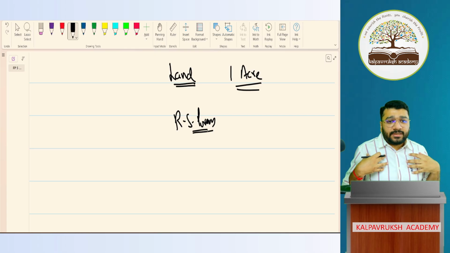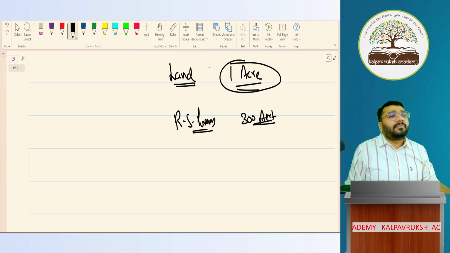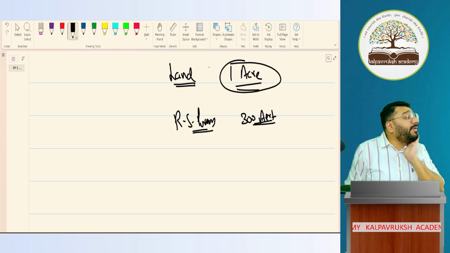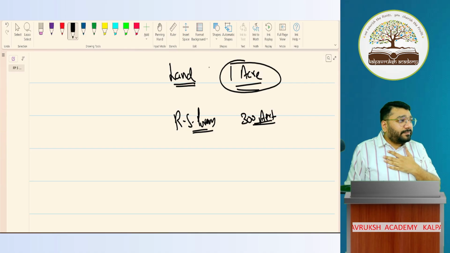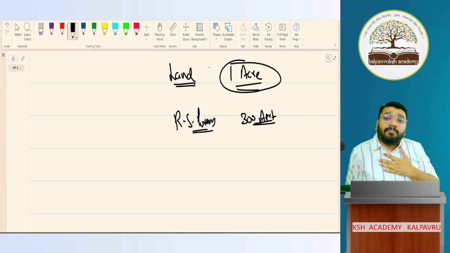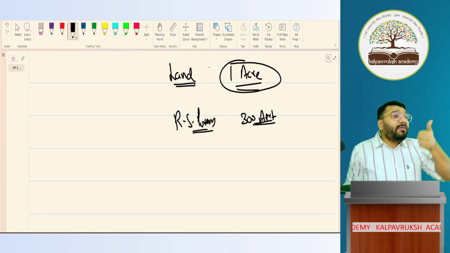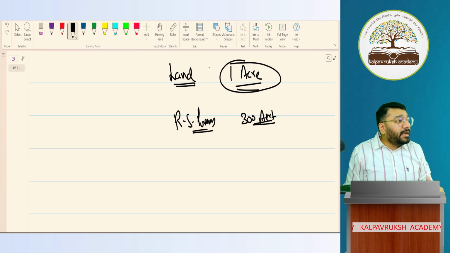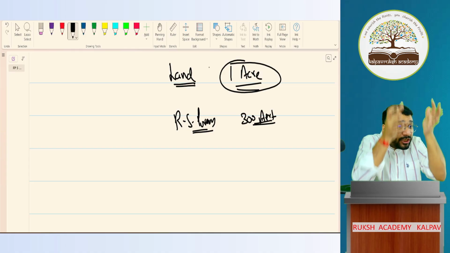My intention is to construct 300 apartments on this 1 acre of land. I want to do a joint venture business, a partnership business with all of you. I'm looking for somebody to come as a partner, as a joint owner, who can invest money for construction of the building, and some partners who can take the lead for the construction of the apartments.